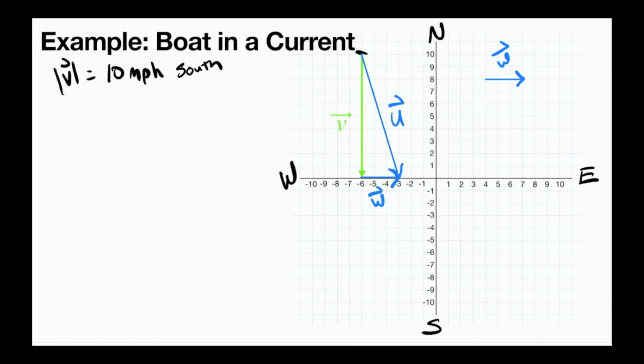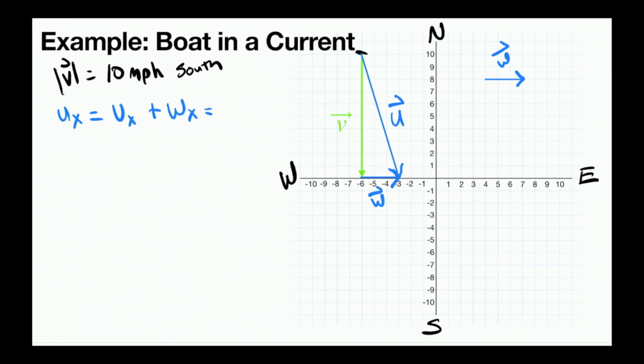So to find our resultant vector, again, we add up the x components, add up the y components. So the x component of u is the x component of v plus the x component of w. So what is the x component of vector v?